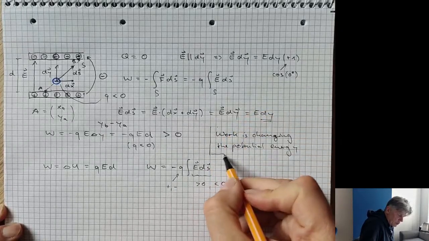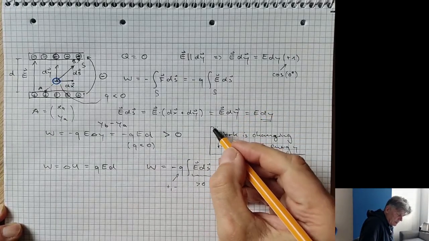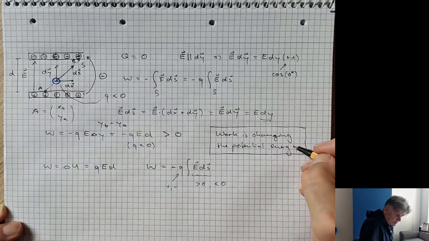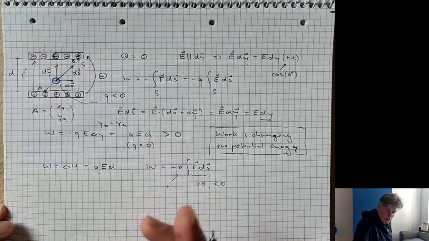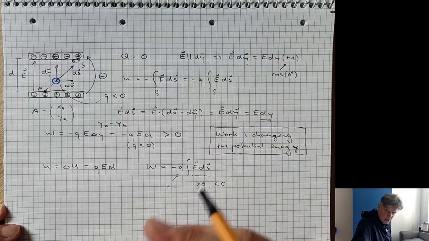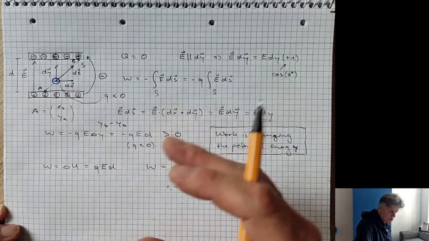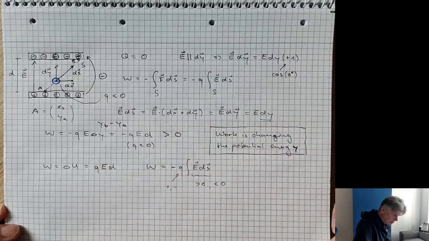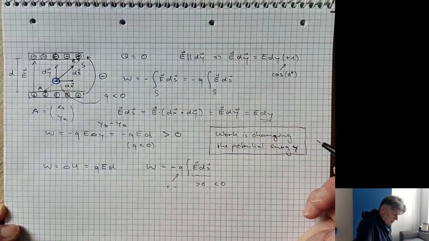So if we do work on the system, we are increasing the potential energy of the system. If the work is done by the system, where does this work come from? It comes from the internal energy, which is then the potential energy. So by decreasing the potential energy of a system, you can use this released energy to do work.